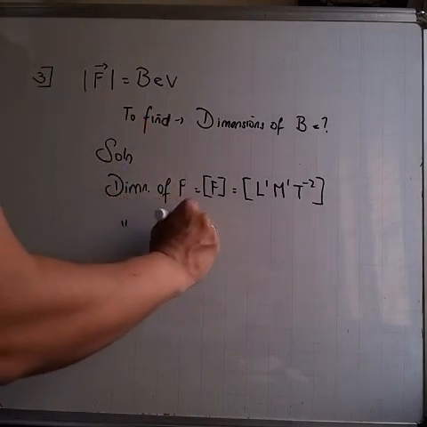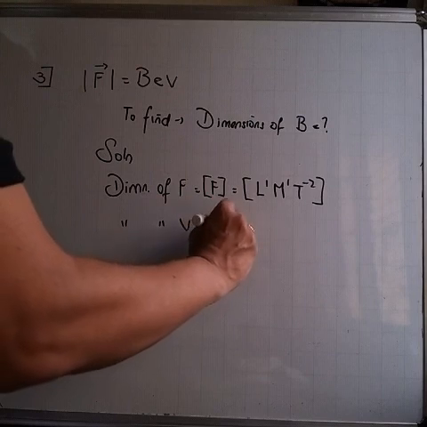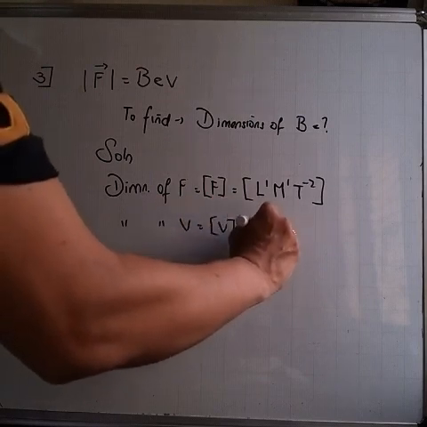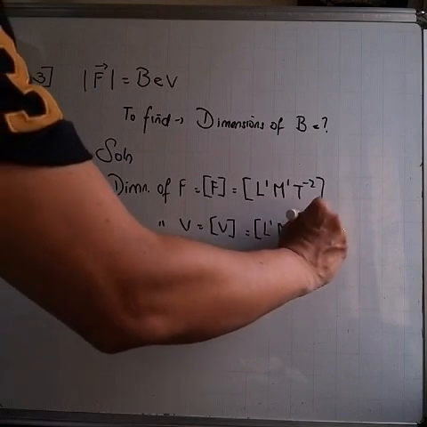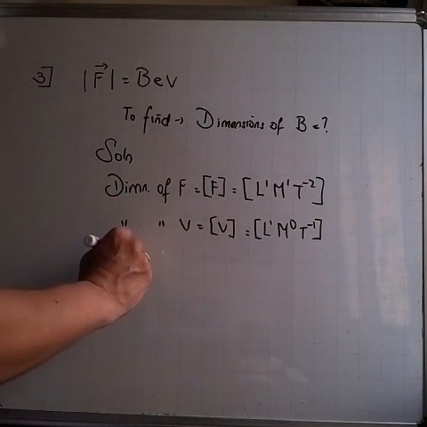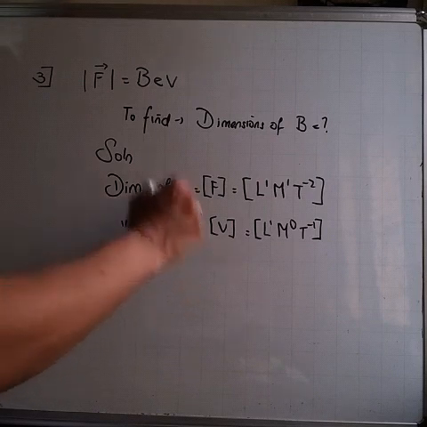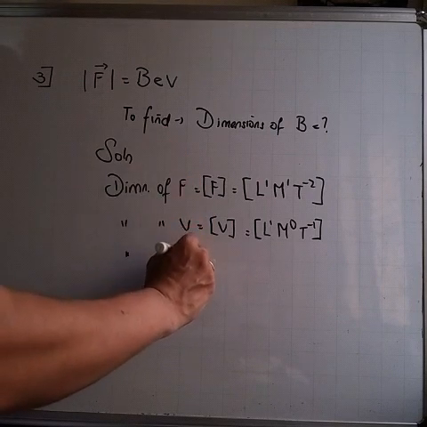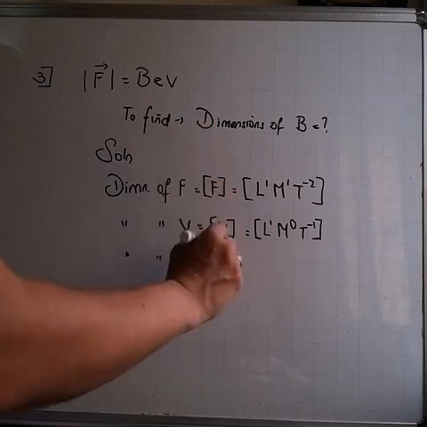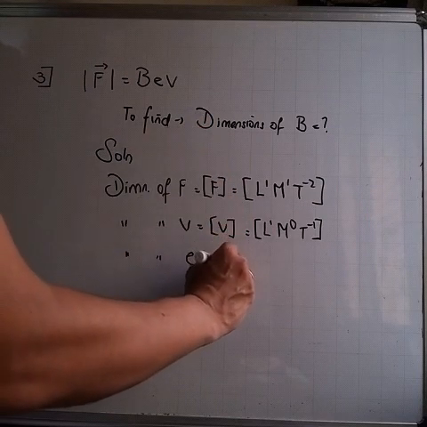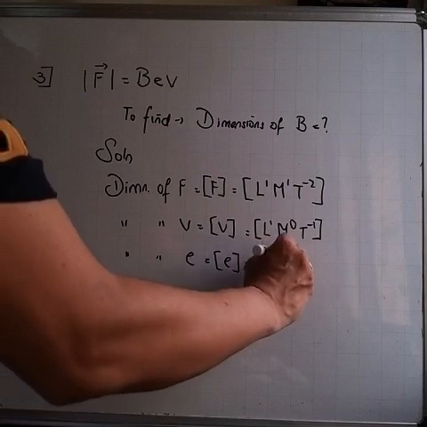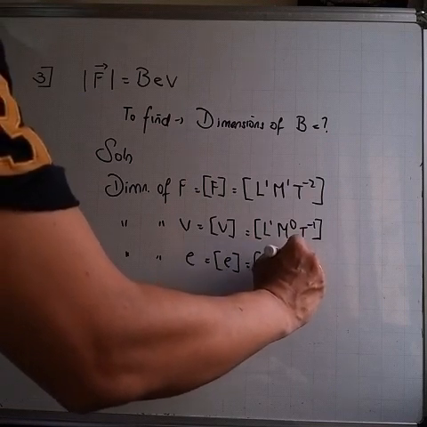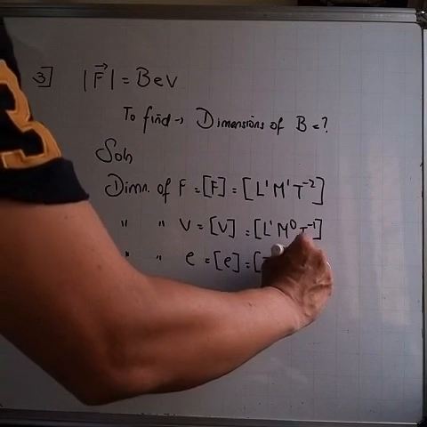Hope you remember the dimension for velocity. Meter per second, so L1 M0 T raised to minus 1. And lastly, dimensions of charge. Dimension of charge is dimension of current into dimension of time.